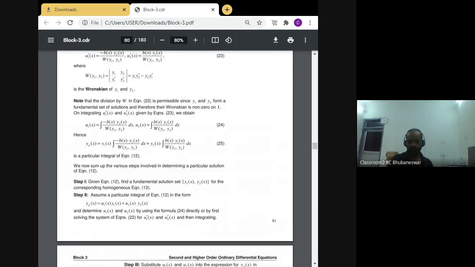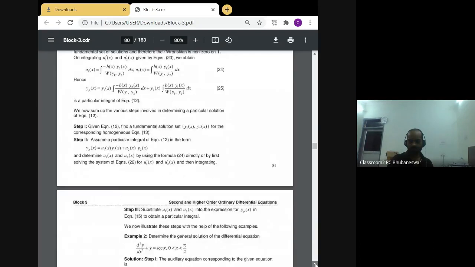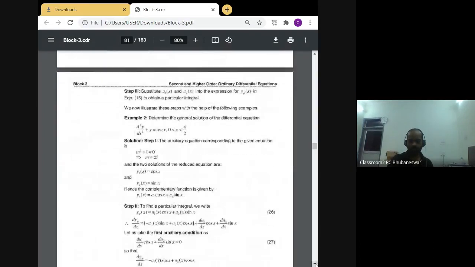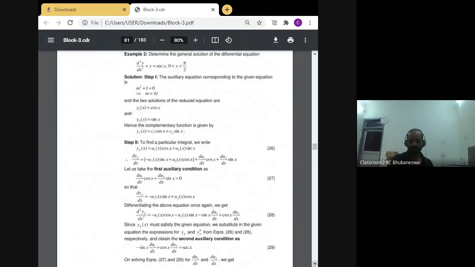Now let us discuss the solution of a non-homogeneous differential equation using the variation of parameter method. Look at example number 2. In example number 2, a differential equation is given, a second order linear non-homogeneous differential equation, defined over the interval 0 to pi by 2.